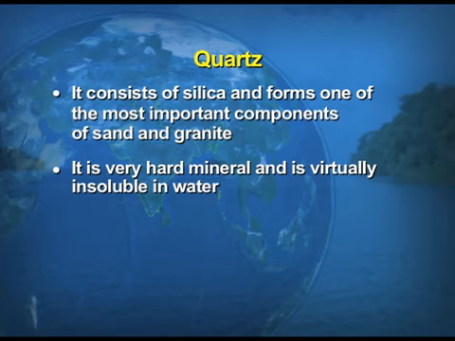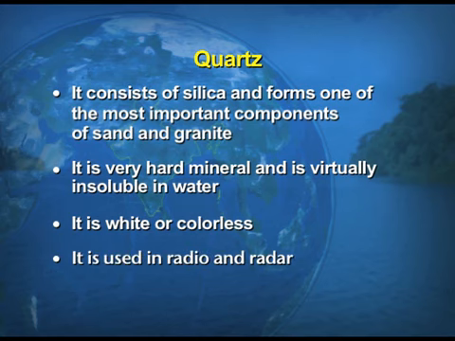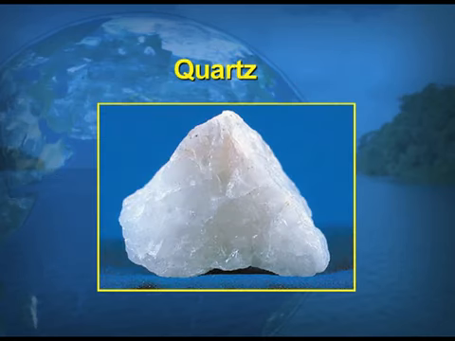Now, the third property of the quartz is its color. It's either white in color or colorless. And the fourth is the usage of the quartz, which is basically used in radars or in radio. Now, look at the screen and you can see the quartz.